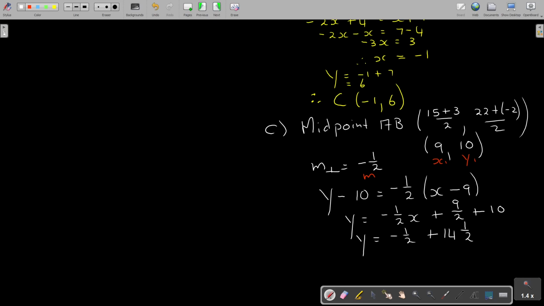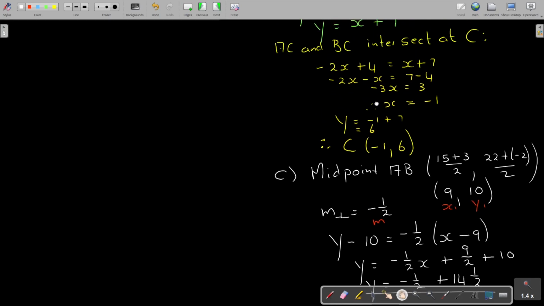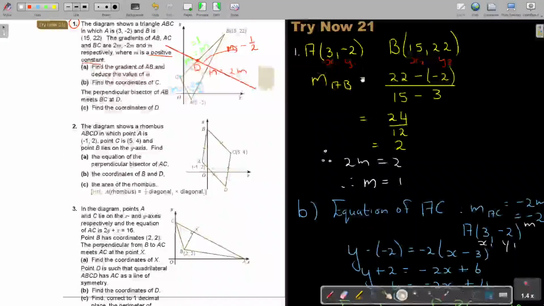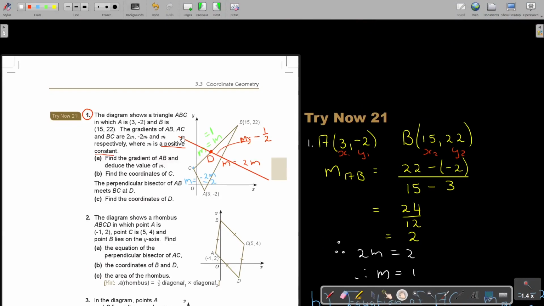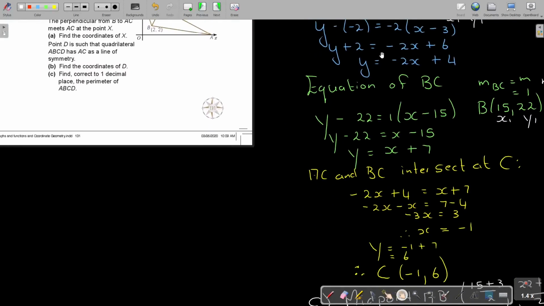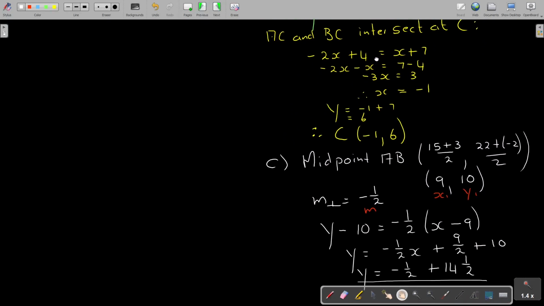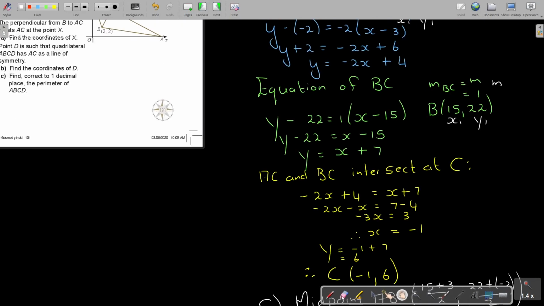And now I want to show you. Remember, this is now marked in white. Can I just show you on the sketch again? This is my white line, which I worked out now, and it's intersecting the green line at D. So to find D, I'm going to solve my white equation, the perpendicular bisector, simultaneously with the green one. There is my green one.